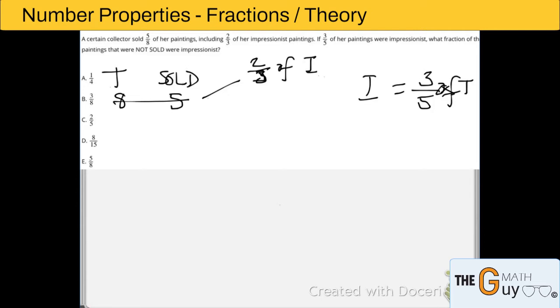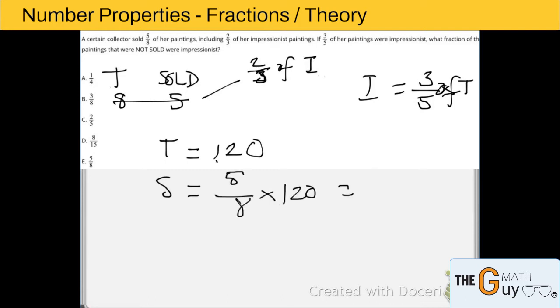So I'm going to take a number which is divisible by all three of these, a common multiple of 3, 5 and 8. 15 and 8 would be 120. Great, so let's take 120. Let's say the total number of paintings is 120. How many are sold? Sold would be 5/8. That would be 75, right? That's 15 into 5 is 75.